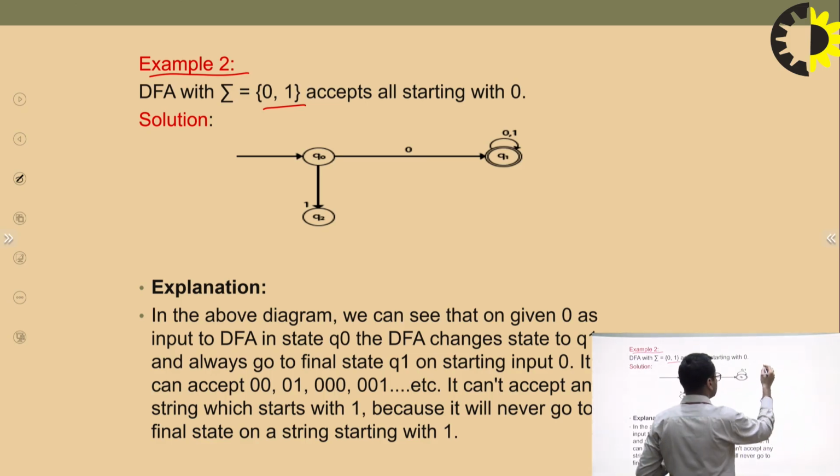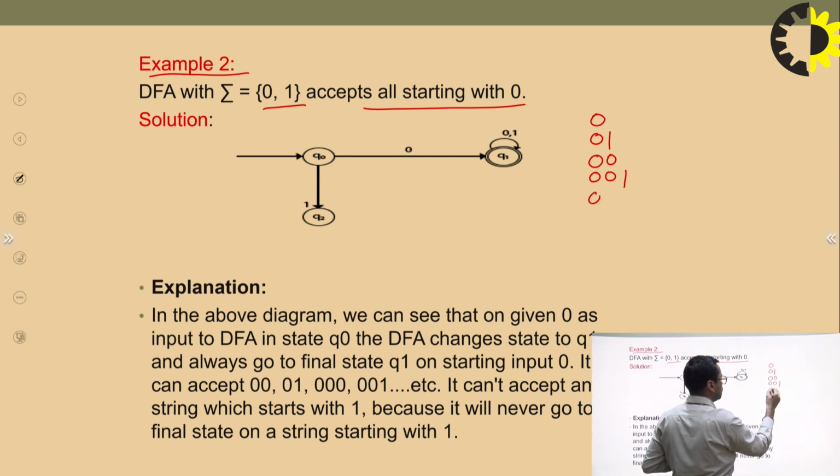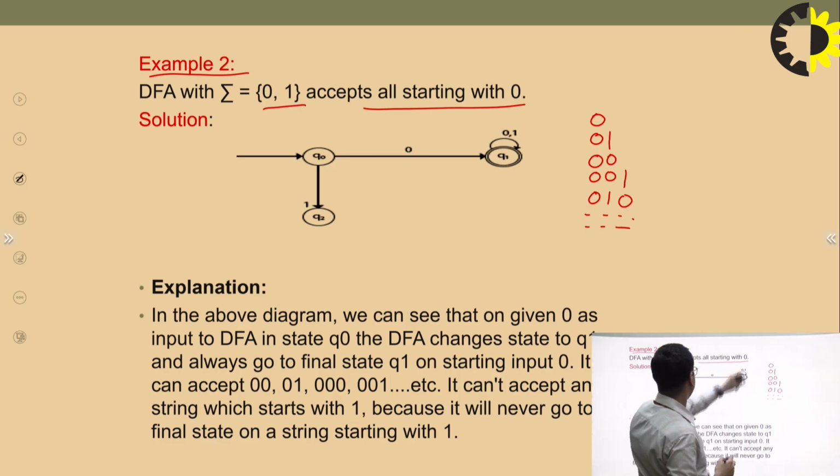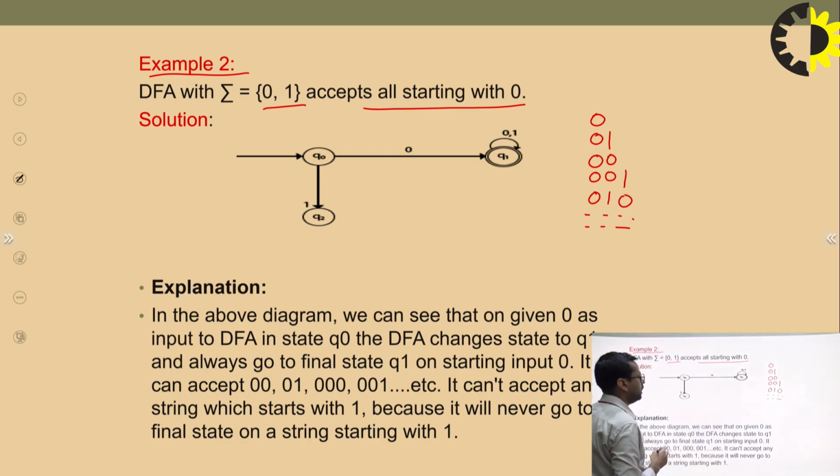Let's suppose all starting with 0. That means it may be 0, 0 1, 0 0 0, 0 1 0 1 0. These may be the strings that pass through that DFA model. So we try to generate the DFA model.